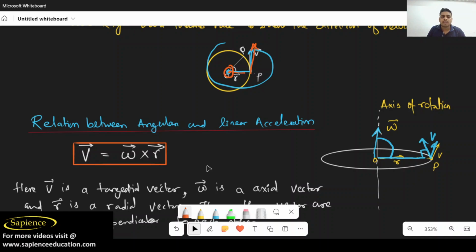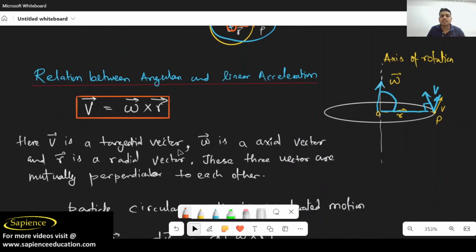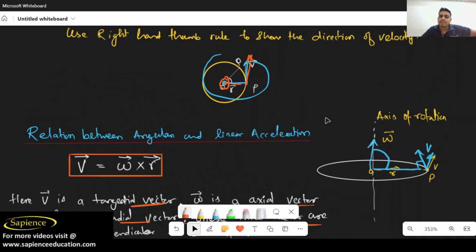Here velocity is a tangential vector because it acts along the tangent of the circular motion, omega is an axial vector, and r is the radial vector because r acts along the radius. So these three vectors are mutually perpendicular to each other. Omega is perpendicular to r, and r is perpendicular to velocity.